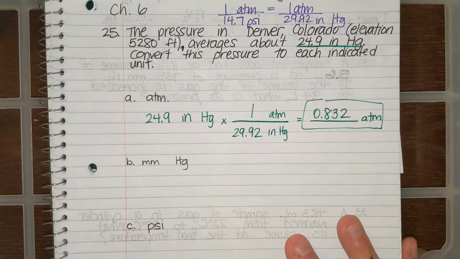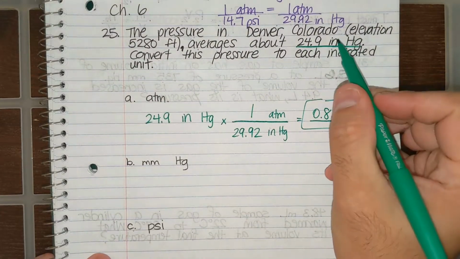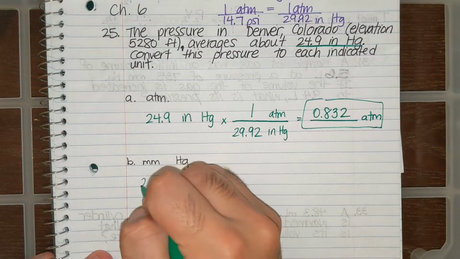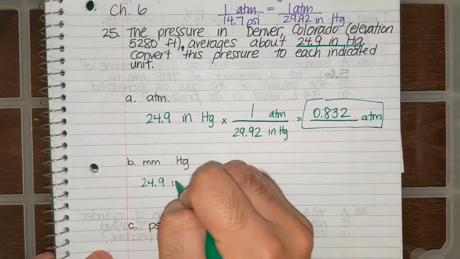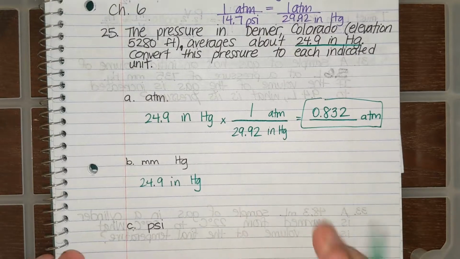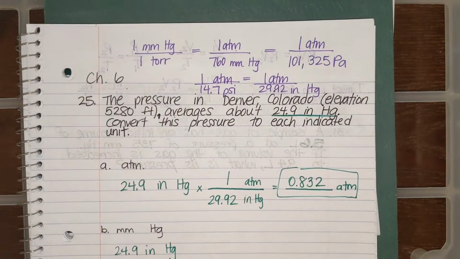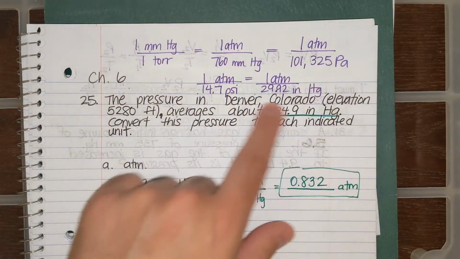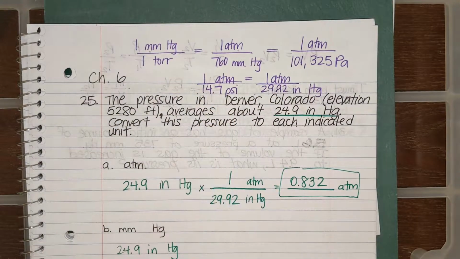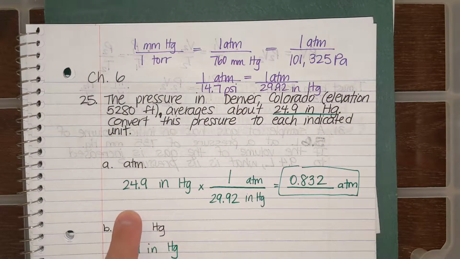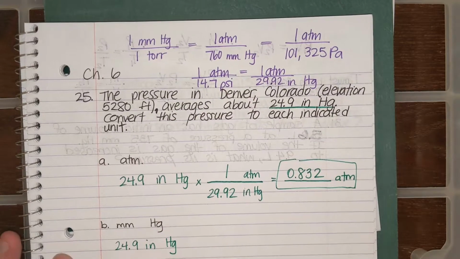The next one is millimeters of mercury. So I want to convert 24.9 inches of mercury to millimeters of mercury. Well, I don't have any direct conversion here that goes from inches to millimeters of mercury right off the bat.